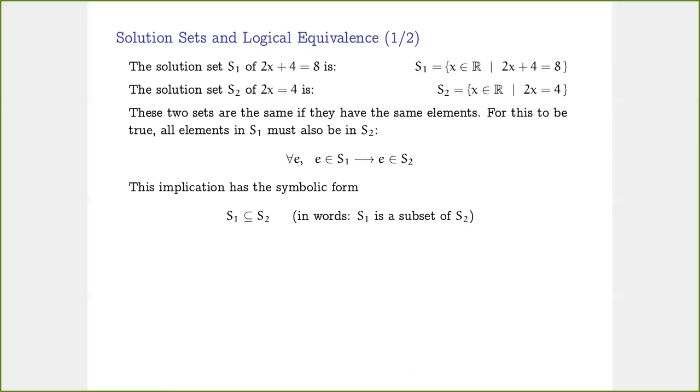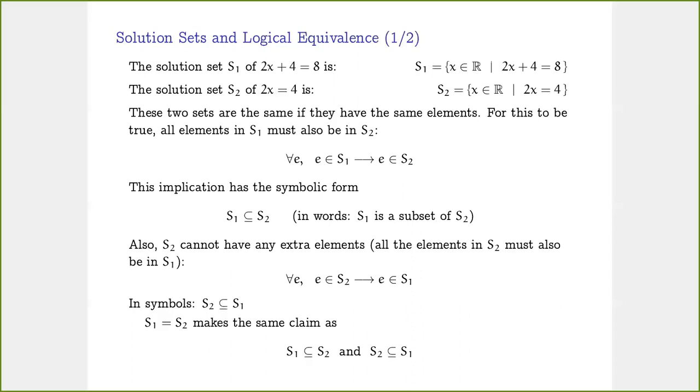This implication has the symbolic form, or definition, S1 is a subset of S2. So the statement, for every E member of S1 implies E member of S2, is the definition of what S1 subset S2 means. We read that as S1 is a subset of S2. Also, S2 cannot have any extra elements in order for the two sets to be equal.